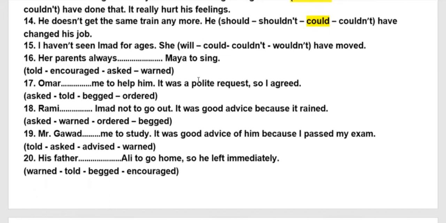I haven't seen Imad for ages. She couldn't have moved, but I haven't seen her. So she couldn't have moved.